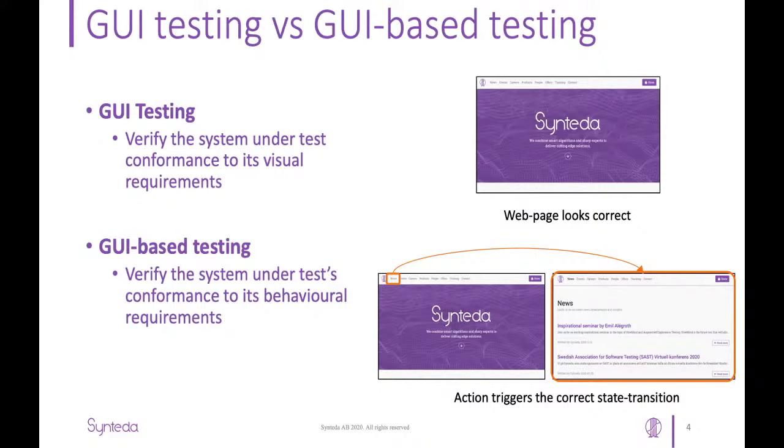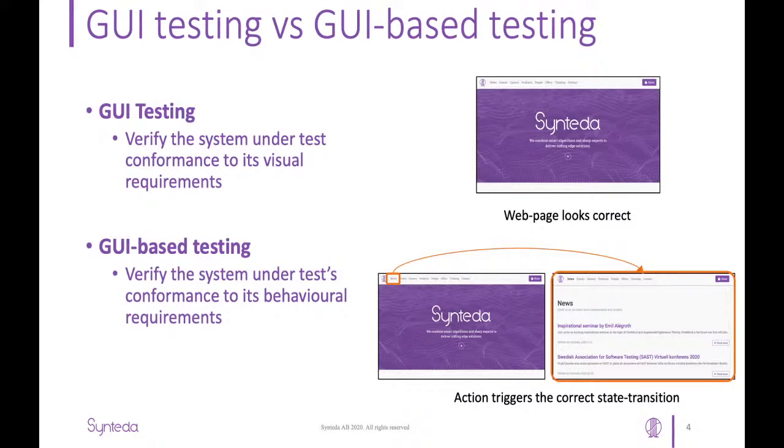So assume here that we have Synteda's web page. The GUI test of this web page, or web application if we want to view it as an application, is that the graphical components are positioned in the right place, have the right size, right colors, but we don't really care if they work or not. Mostly we focus on that everything looks correct.